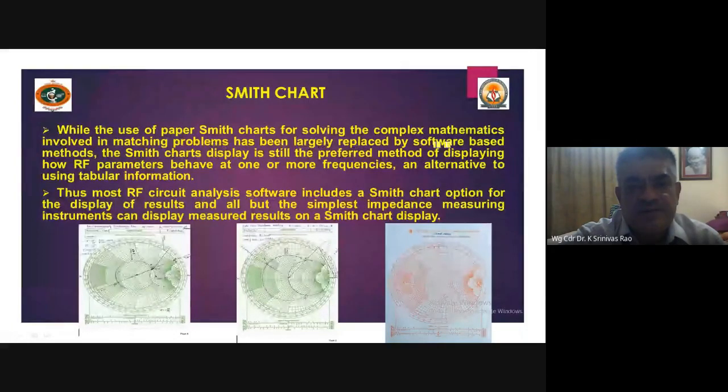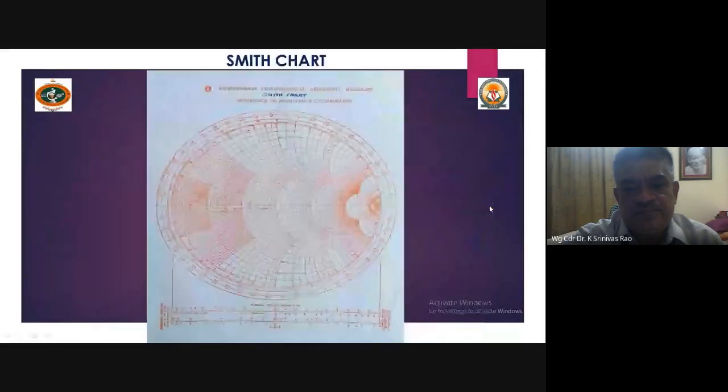The Smith chart display is still the preferred method of displaying how RF parameters behave at one or more frequencies, as an alternative to tabular information. Thus, most RF circuit analysis software includes a Smith chart option for display of results, and all but the simplest impedance measuring instruments can display measured results on a Smith chart very easily.